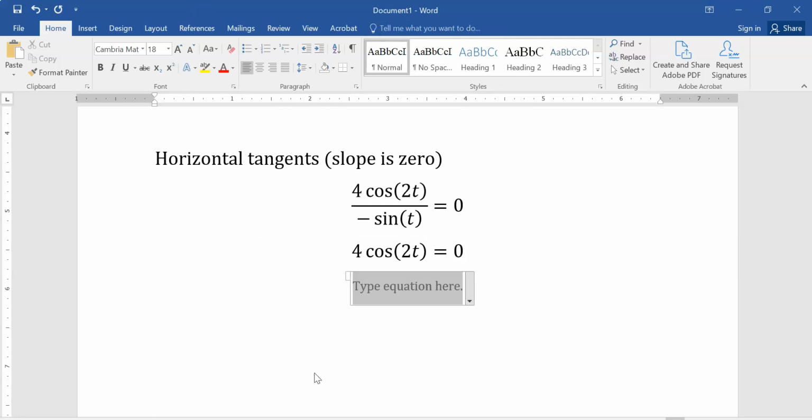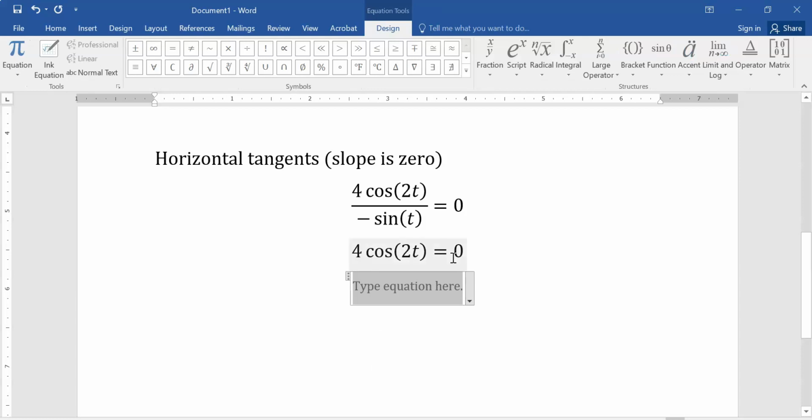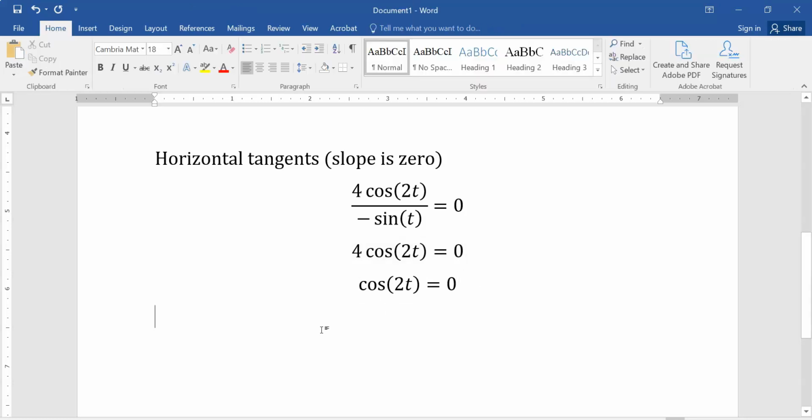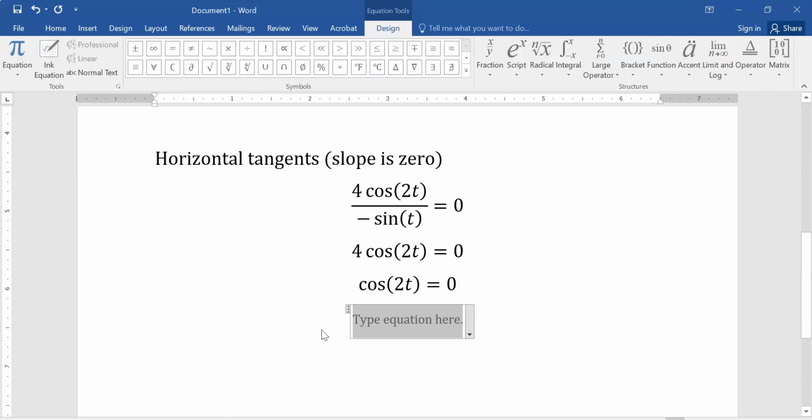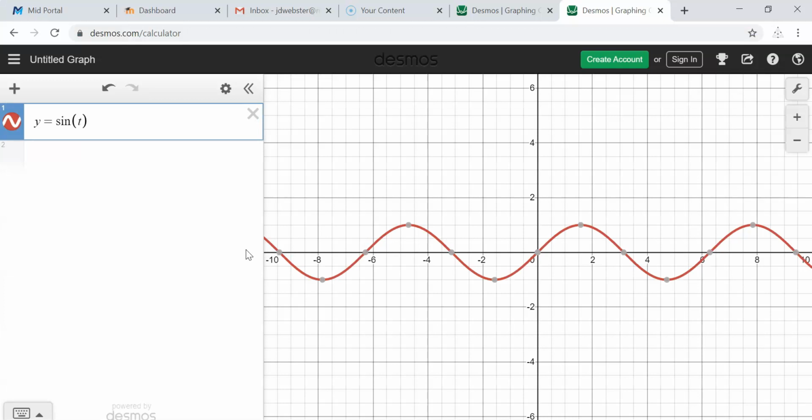Well, similarly, divide both sides by 4 here, we get cosine of 2t equaling 0. Cosine of theta is 0 when your angle, theta, is equal to, well, think about what sine versus cosine does.